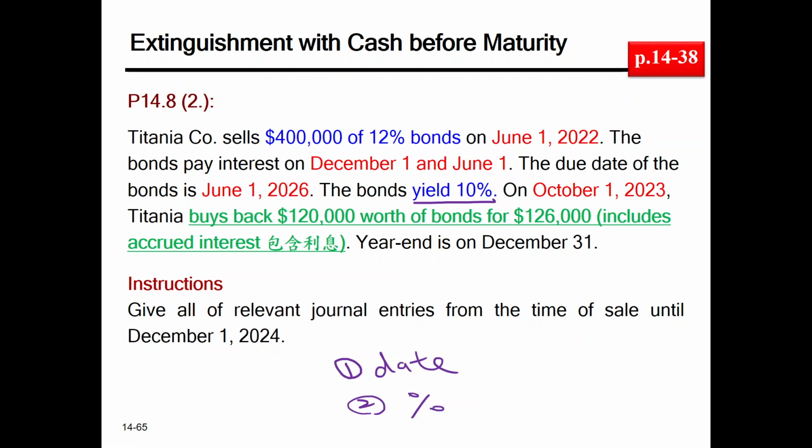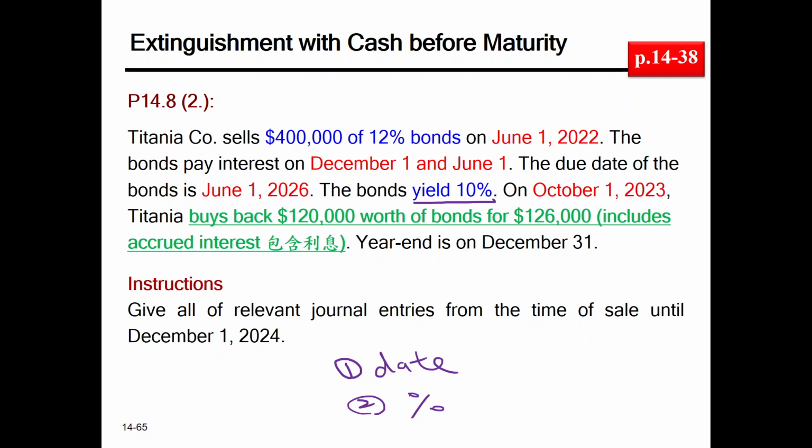So what happened? October 1st, 2023. Your company decides to buy back bond. Okay? The bond worth how much? $120,000. For how much? $126,000. So this is your redemption price.